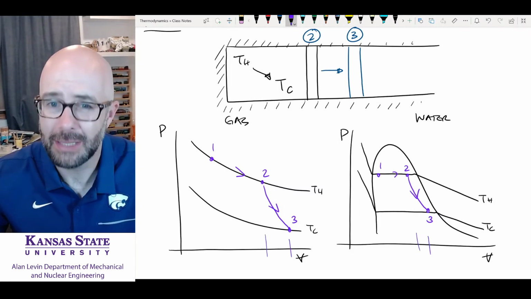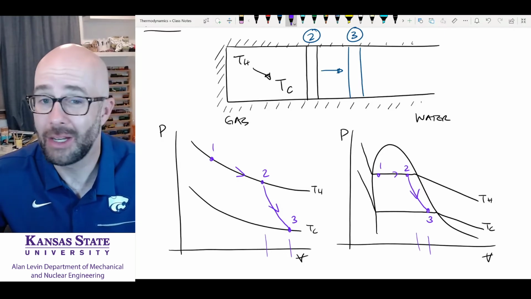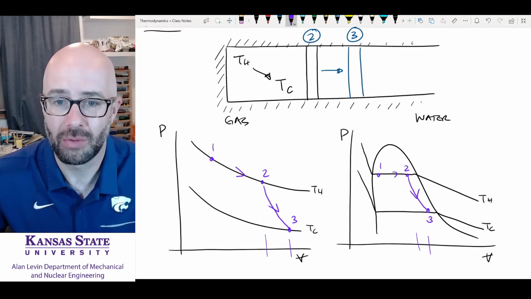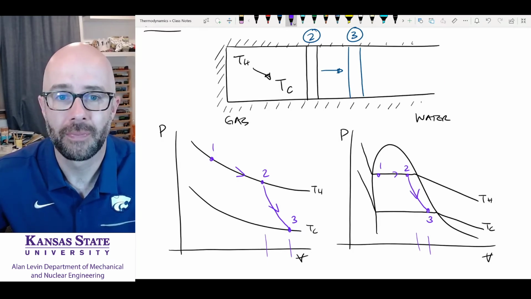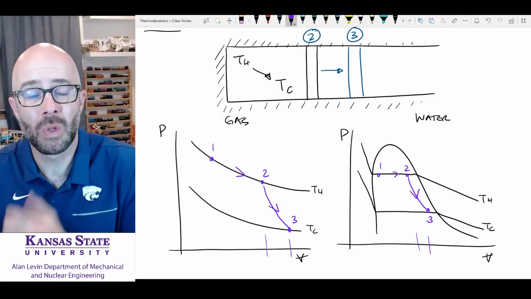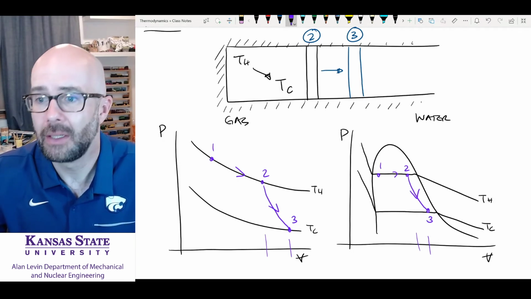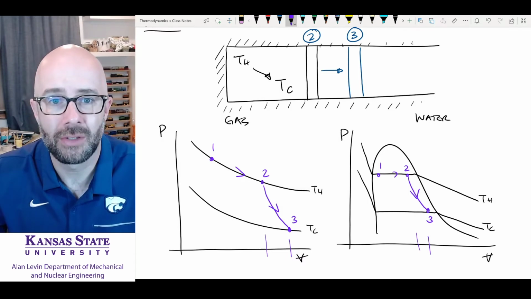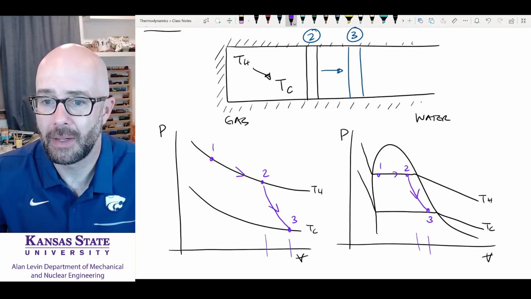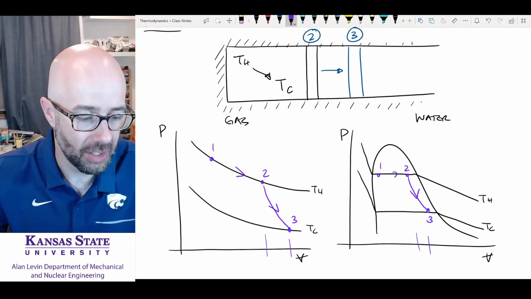You have to show that to me. You can't go straight down. You can definitely not go to the left, because that's completely wrong. So make sure that when you draw this, point 3 is to the right of point 2. Okay, now we're dropping down here. We're going to a different isotherm. We now have 3 of our 4 states that we're thinking about in our situation.